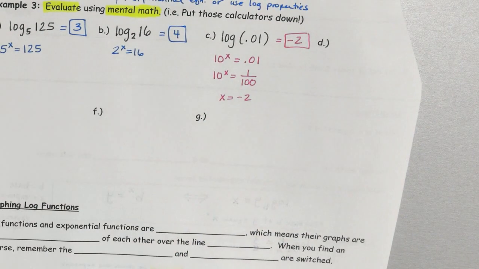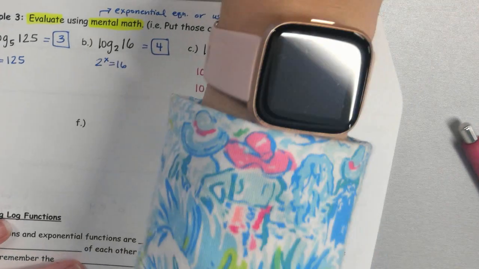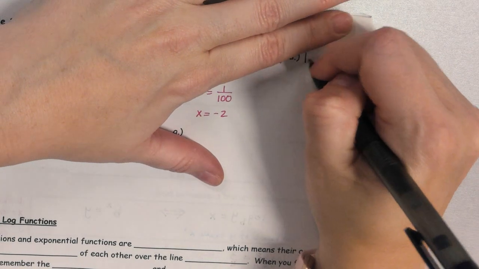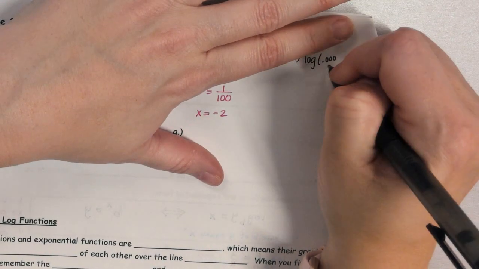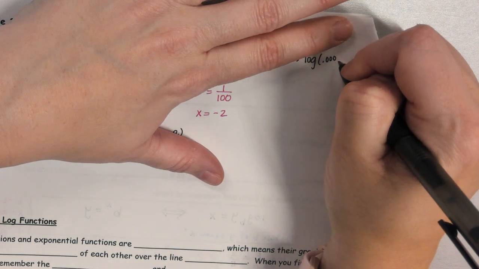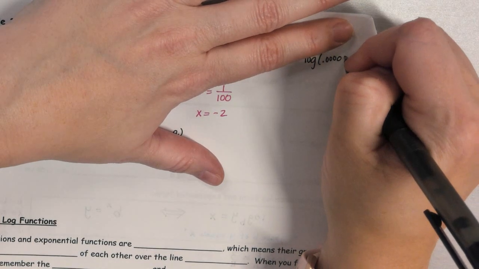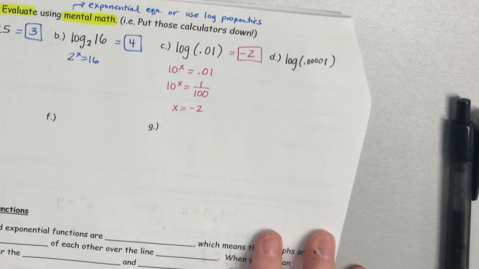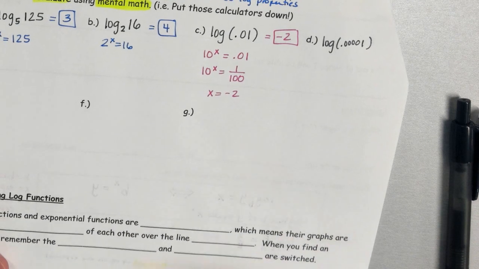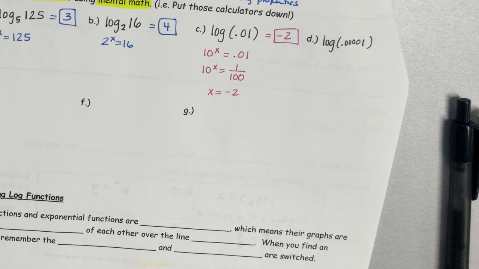All right, so I'll have you try B. How many of you are in chemistry or have taken chemistry? Oh, sweet. You're going to be great at this. All right, so this is the log of 0.00001.